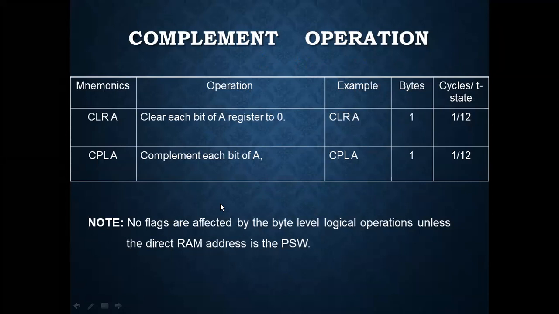Every bit of the A register, which is an 8-bit register, will be 0. And for CPL A, whatever the content of the A register, it will be complemented, and obviously the result will be stored into the A register.